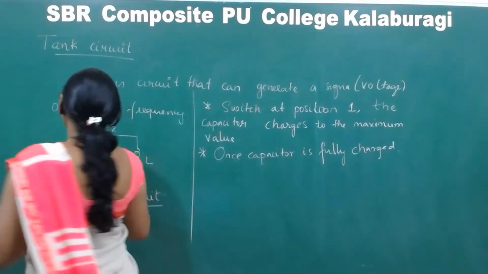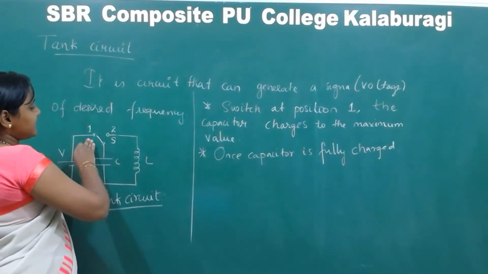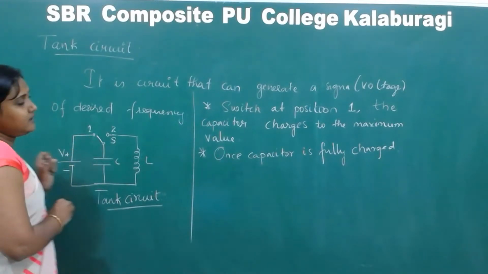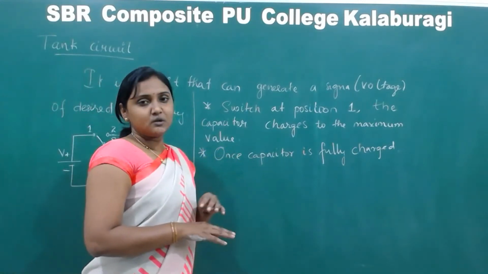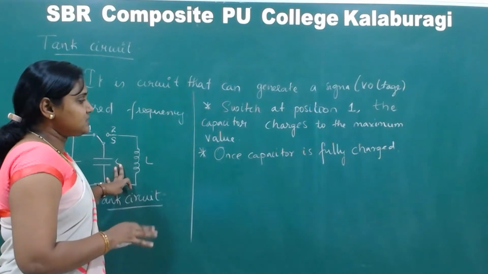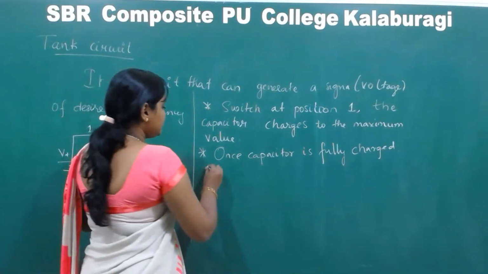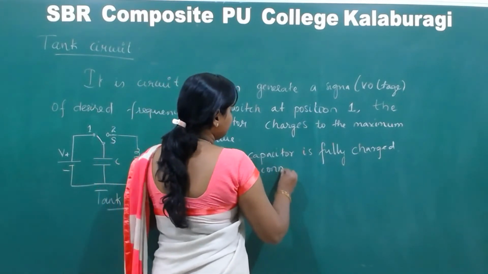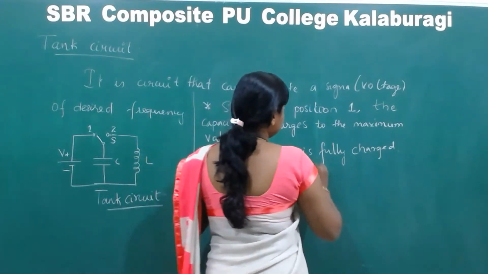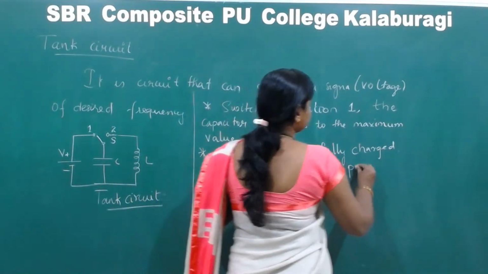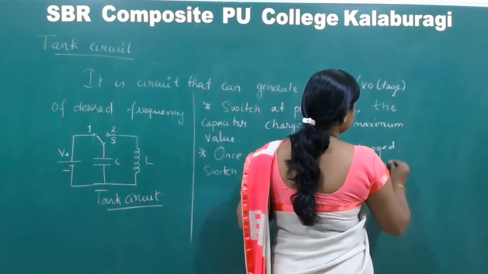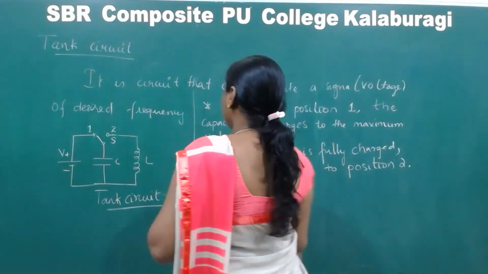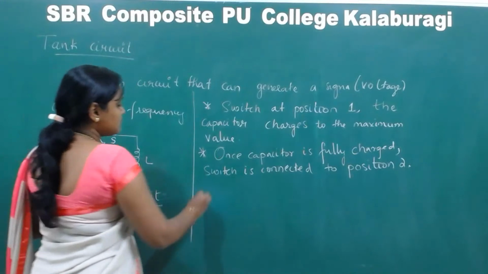Considering this circuit, initially the switch is at position 1 and the capacitor charges up to the maximum value. Once the capacitor is fully charged, the charging process is complete. The switch is connected to position 2.